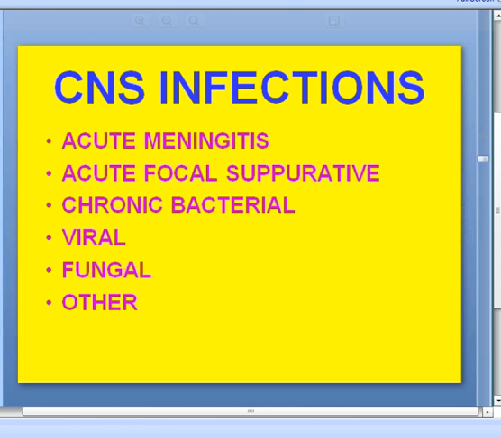Now, here's the general rule. Most of the meningitis are bacterial, and most of the encephalitis are viral. Another thing to remember is that if you have a significant meningitis and it extends into the brain, that's going to be called a meningoencephalitis.